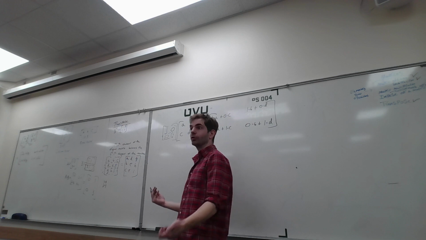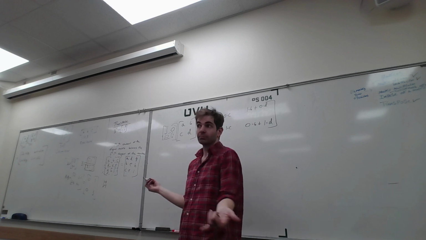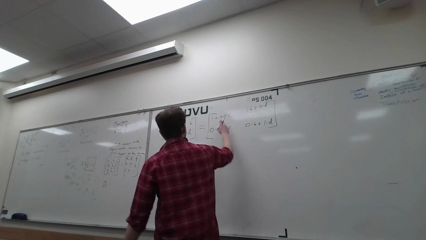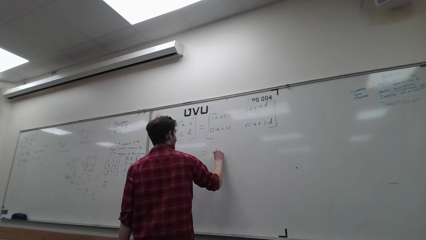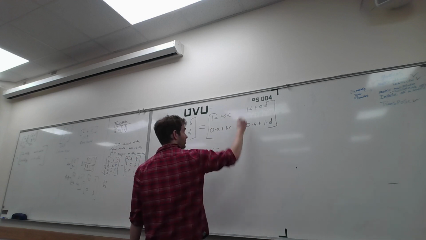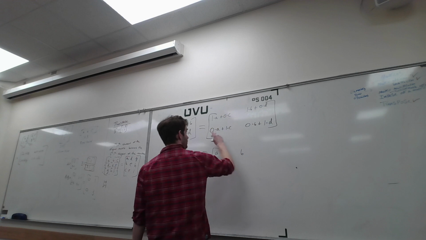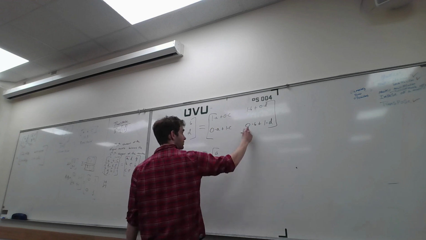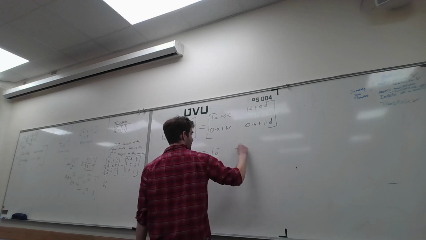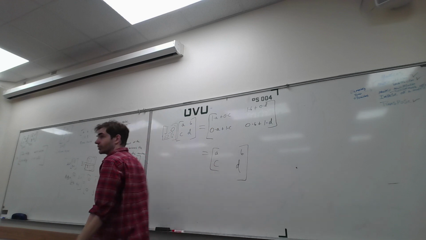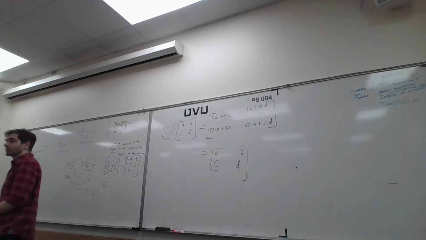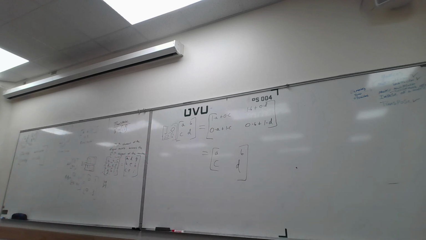No matter what you do to it, when you multiply it by 0, you get 0. So what we end up with here is A, B, C, and D, which is what we started with. So the identity matrix is the matrix equivalent of a 1 in scalar algebra. Multiplying by the identity matrix doesn't change a thing.